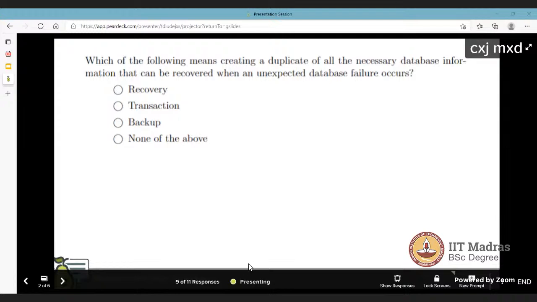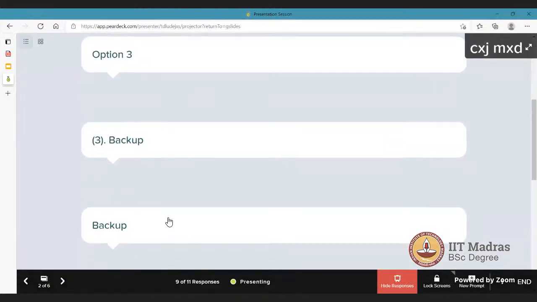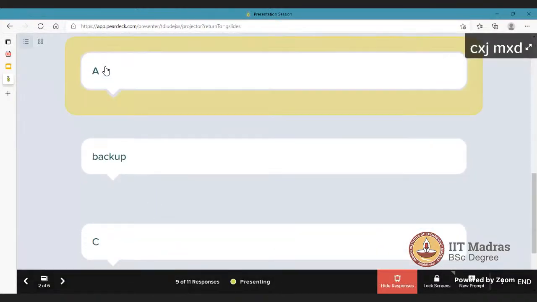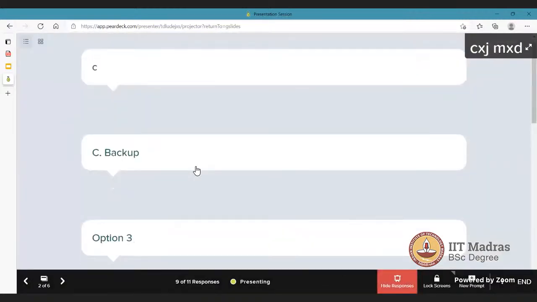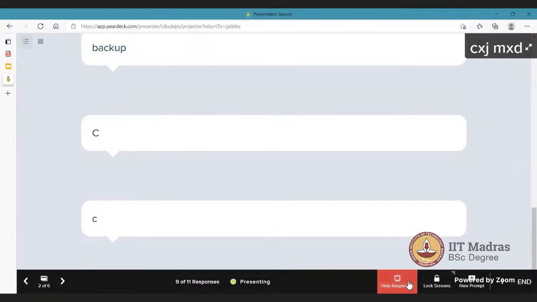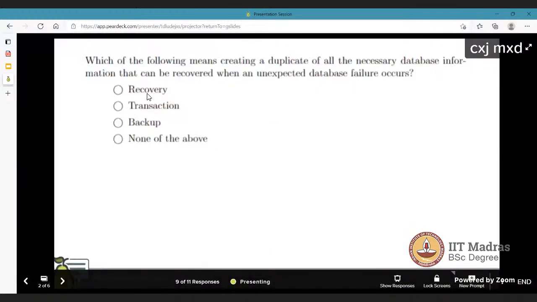Okay, so I think we can check the responses. Backup, A. Recovery. Can anybody tell why recovery is the answer? Whoever has answered recovery, please feel free to unmute yourself. If you have any doubt, we'll clear it.